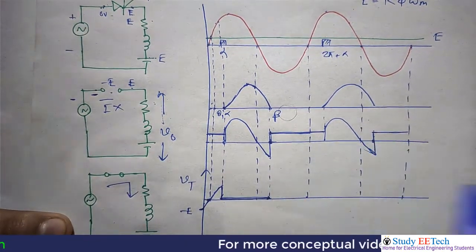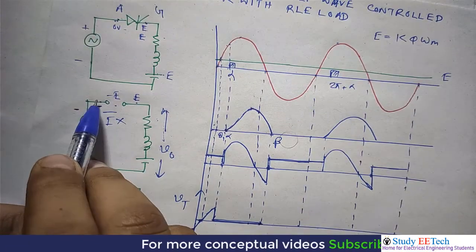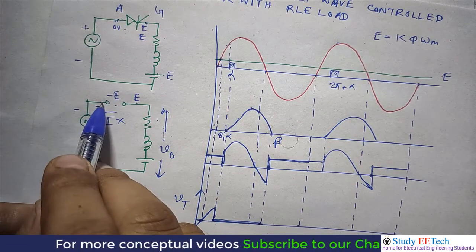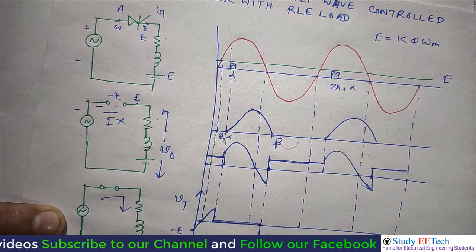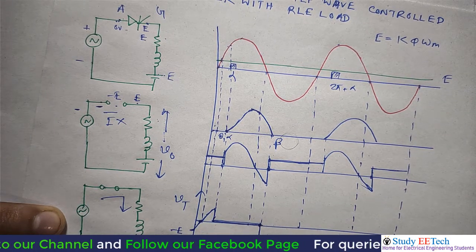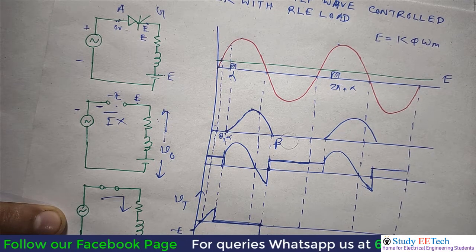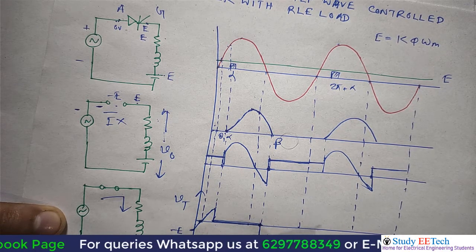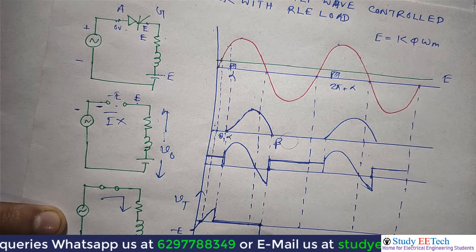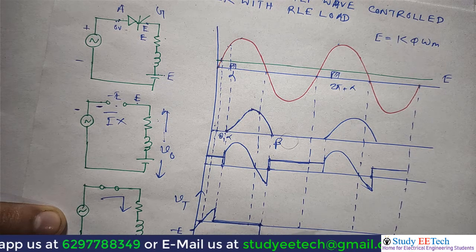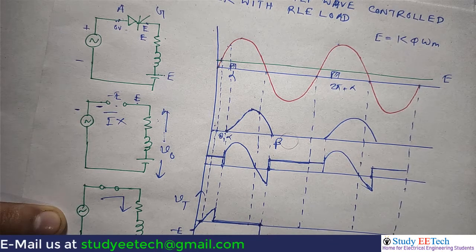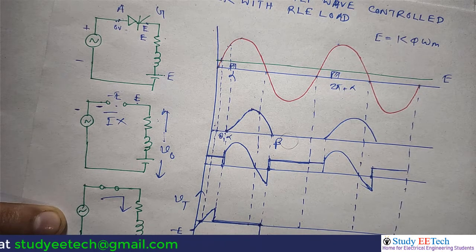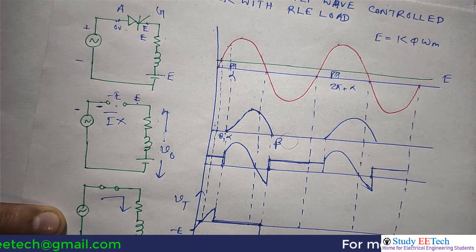It will be minus (Vm sin omega t minus E), or in some way you can say on the negative side both are summed.